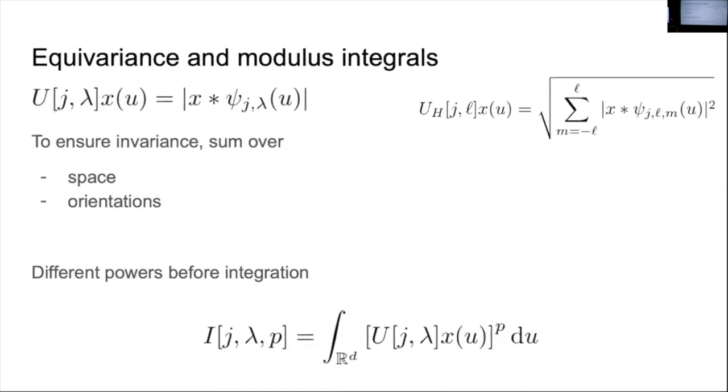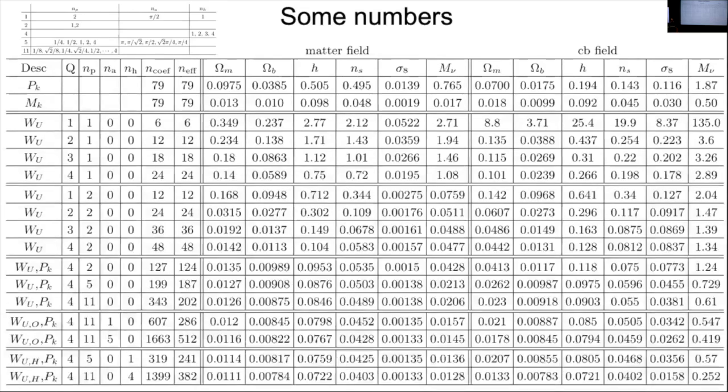Okay. Now for some numbers that you get when you use these things for parameter constraints. So this is a huge table. Let me draw attention to this red square first, where, okay, the first row is the power spectrum. So always compare to the first row. You see that all these constraints here are worse than the power spectrum.